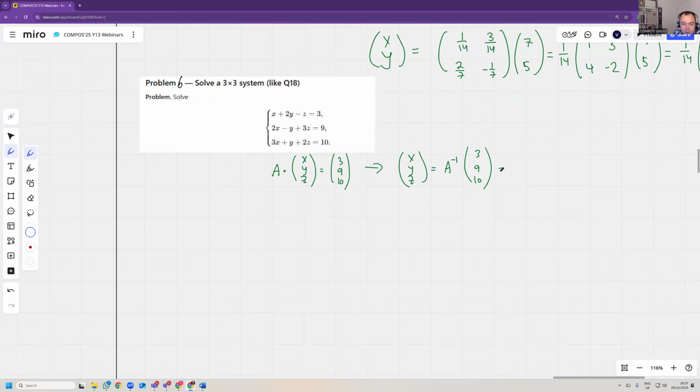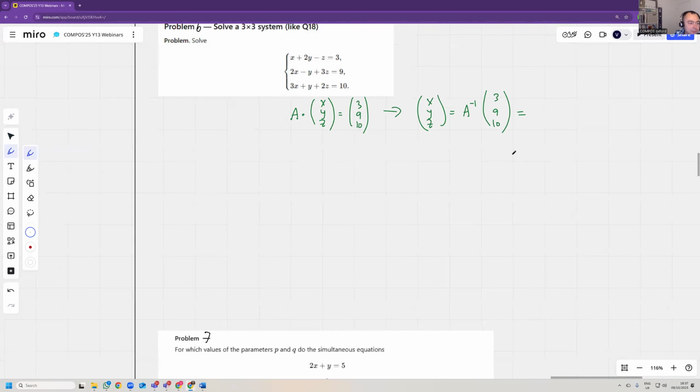So we'll start by finding the inverse. So 1, 2, 1, minus 1, 2, minus 1, 3, 3, 1, 2. This method really develops your attention to detail. So 1 0 0, 0 1 0, 0 0 1.